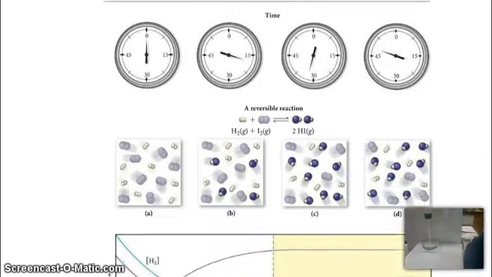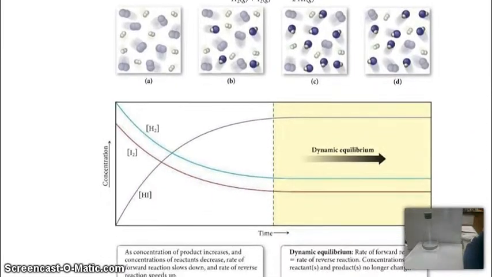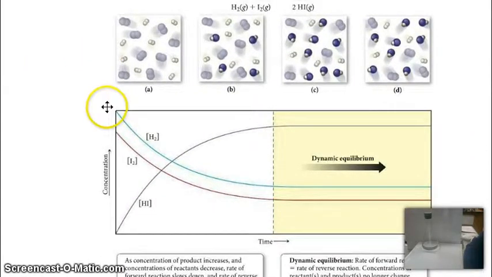So let's look at the graph here and see how this relates. Well, if you look at the graph at 0 time, we have the maximum amount of H2 and I2, and we have 0 HI. As time goes on, notice that we're dropping the amount of H2 and I2. Notice we went from 8 to 6, and notice we're going up quite a bit. We go from 0 to 4.